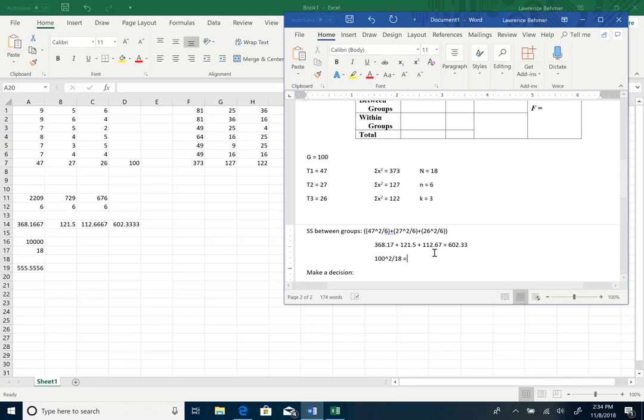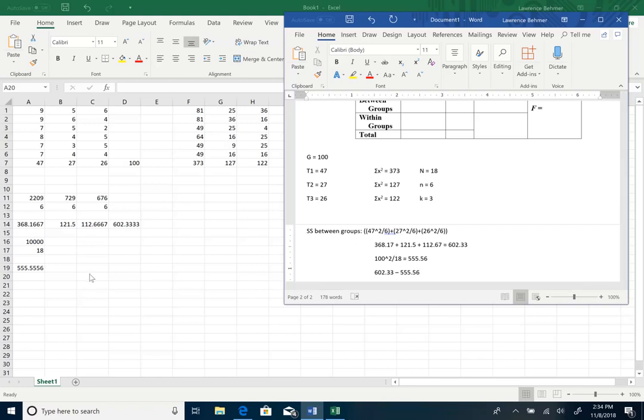So then I'd say equals 555.56. And remember, our actual equation for sum of squares between groups is just this clause that we've done minus this clause that we've done. So to finish this up, we're just going to go 602.33 minus 555.56.